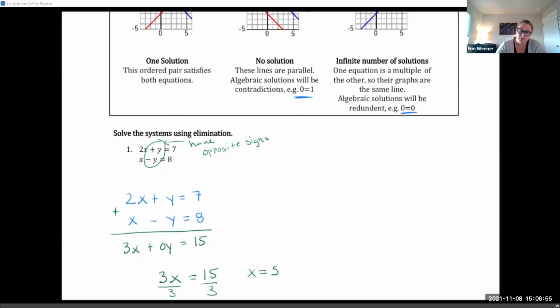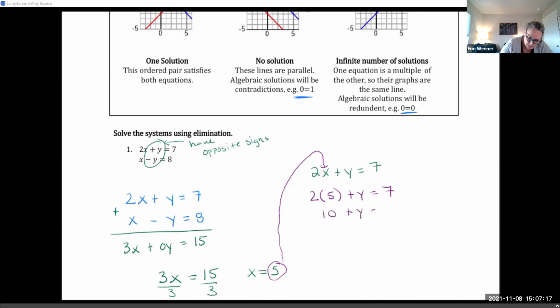So if we focus on the first equation, I've got 2x plus y equals 7. If I take 5 and plug it in for x, I'm going to have 2 times 5 plus y equals 7. 2 times 5 is 10. Plus y equals 7.